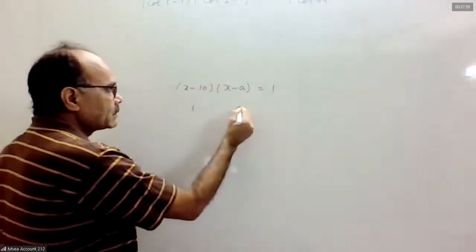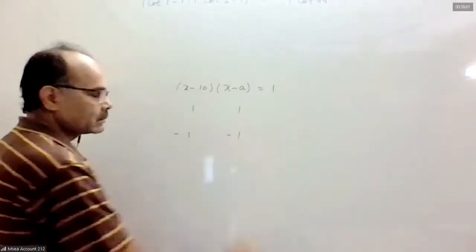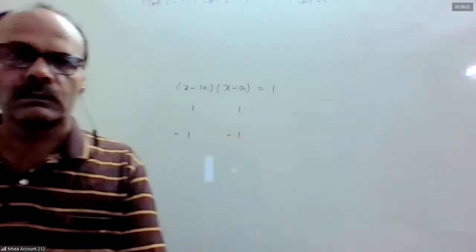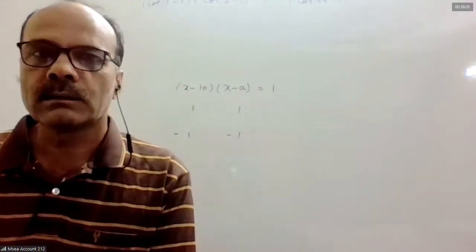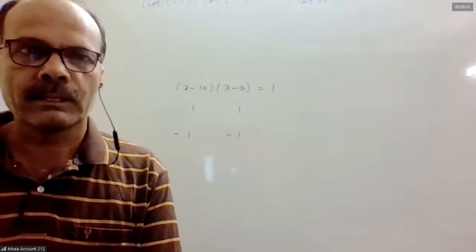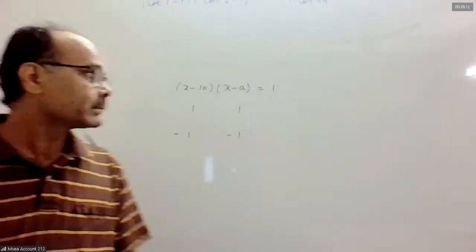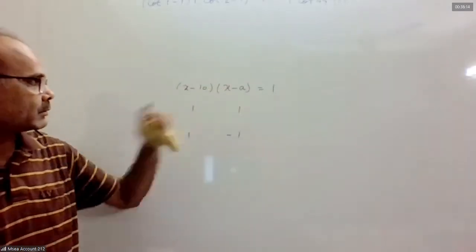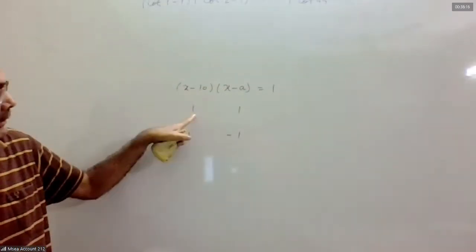What are the possibilities? Only possibilities are this factor equal to 1, or this factor equal to 1 each. So x is 11.